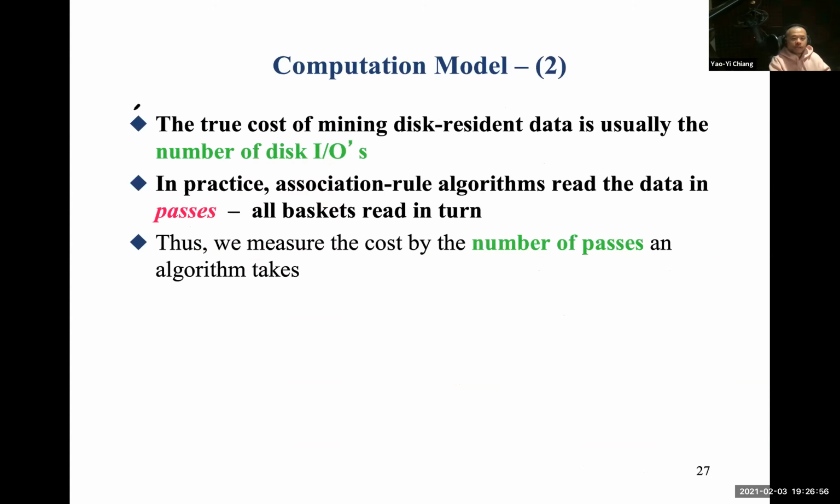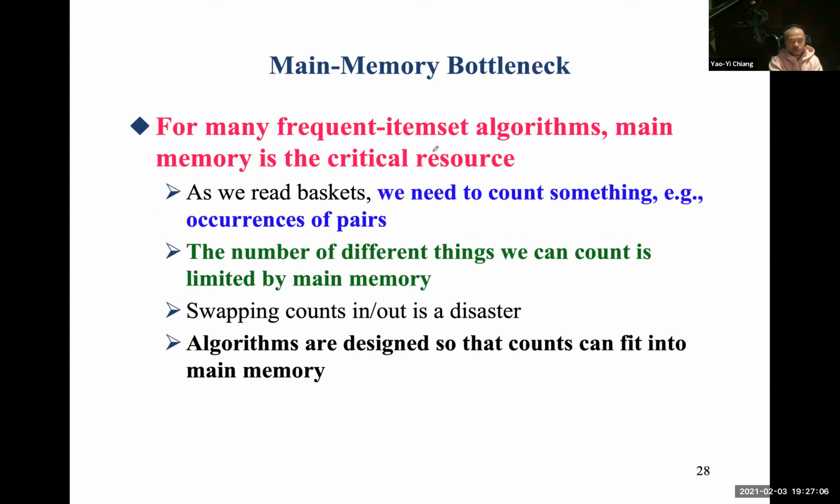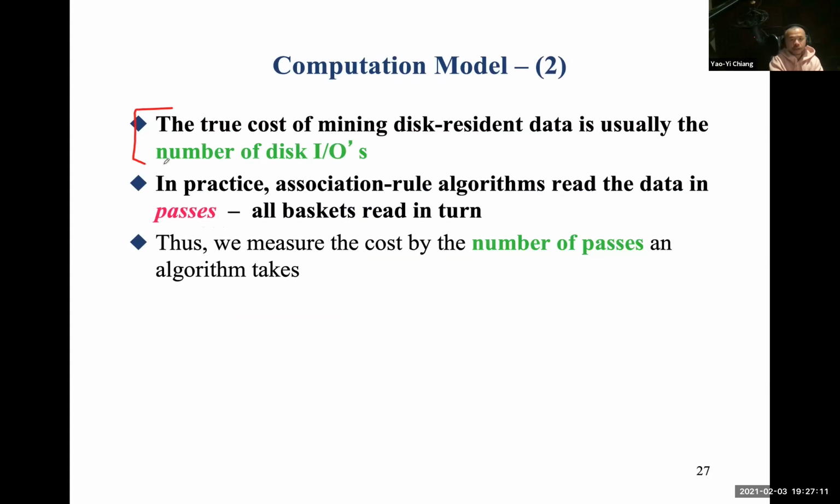So the true cost, because somebody's asking for time complexity, very good. The true cost of the frequent item set algorithm that we're going to talk about is the number of disk IOs. In practice, association rules algorithms will read the data in passes. This is your basket data.